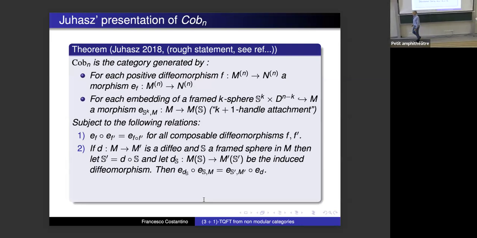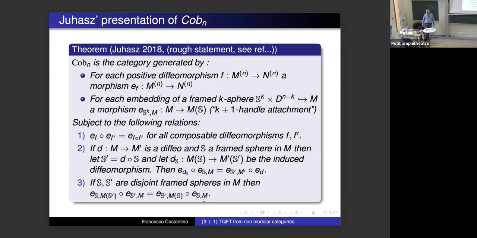Third, if you are gluing two handles but on different disjoint supports, then you can do it in both orders and you get the same manifold, right? So you're asking commutation of the arrows associated to gluing handles. Also, this one is quite clear.